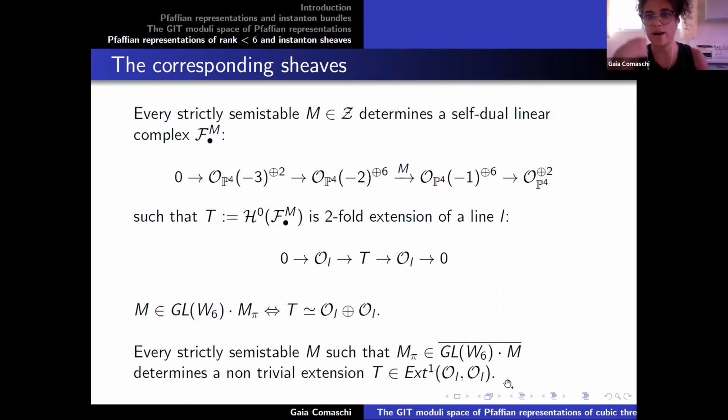So it will define a sheaf that is S-equivalent to the co-kernel of M of the polystable matrices. So once again, we will get the same point in a moduli space of sheaves.